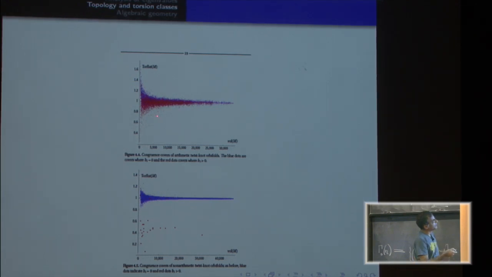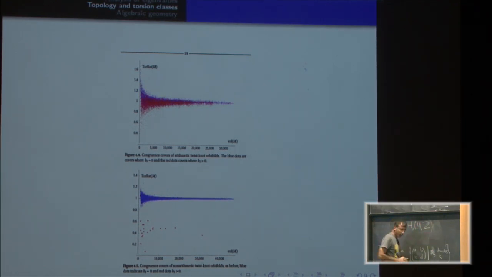Each of these dots corresponds to some hyperbolic 3-manifold. The top are arithmetic, the bottom are not. Blue dots are where the first Betti number, with rational coefficients, is 0, so this homology group is a finite group.